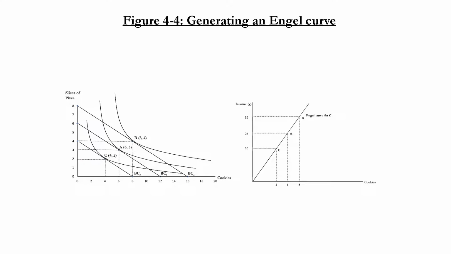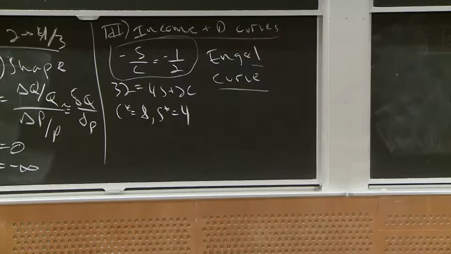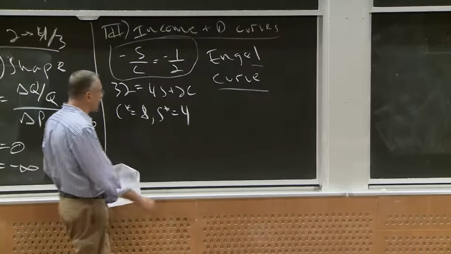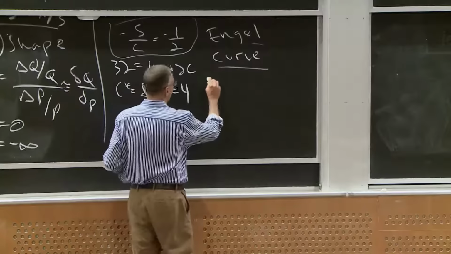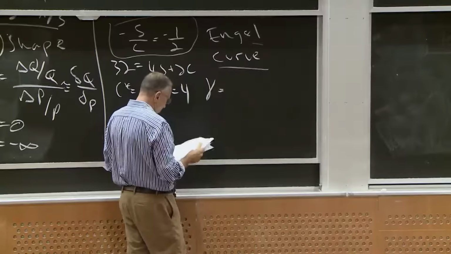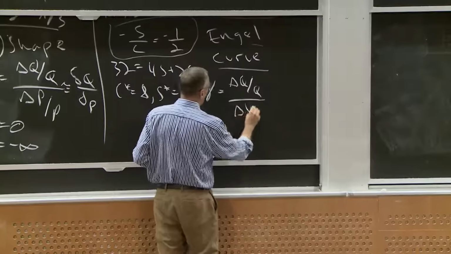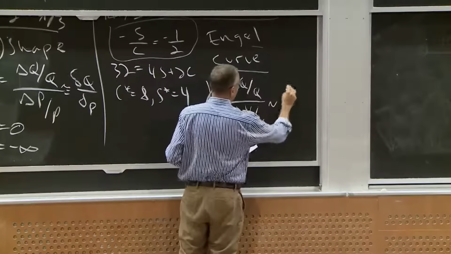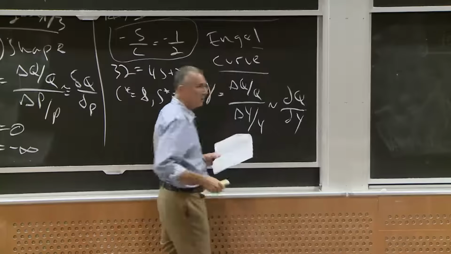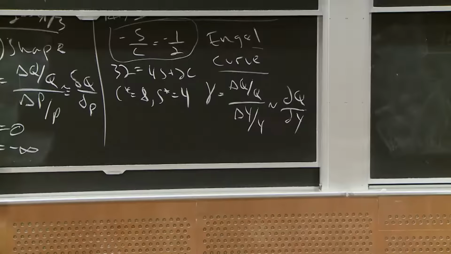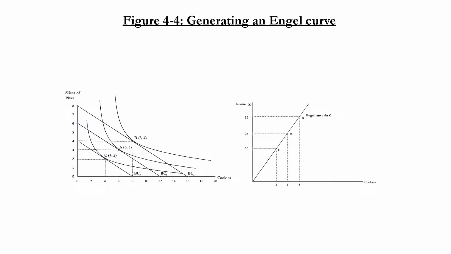And you can draw an Engel curve for S and an Engel curve for C. Here we're drawing the Engel curve for C. The slope of the Engel curve is what we call the income elasticity of demand, or gamma, which is delta Q over delta Y over Y, or approximately dQ/dY. So basically, instead of how does demand change with price, which is the demand curve, this is how does demand change with income, or what we call the Engel curve.